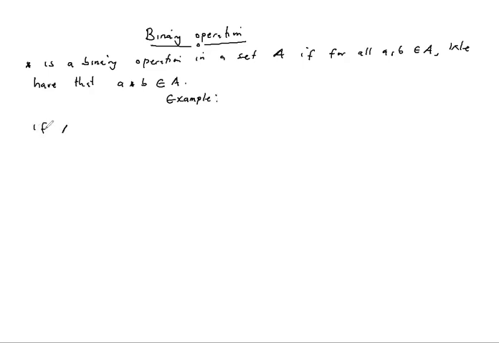So if A is the set {-2, -1, 0, 1, 2}, then a star b is defined as a plus 2b. So let's see. Is star a binary operation on A? Let's pick two numbers from A at random. So we have -2 star -1.